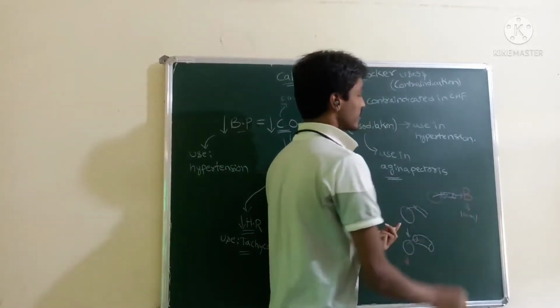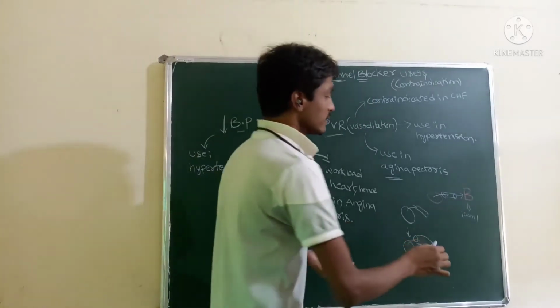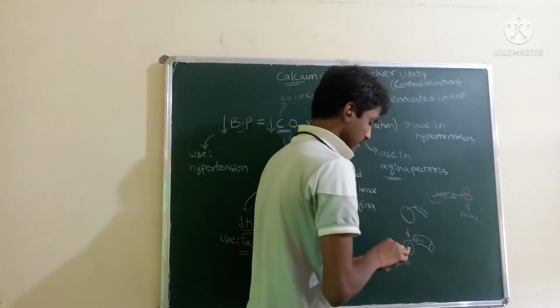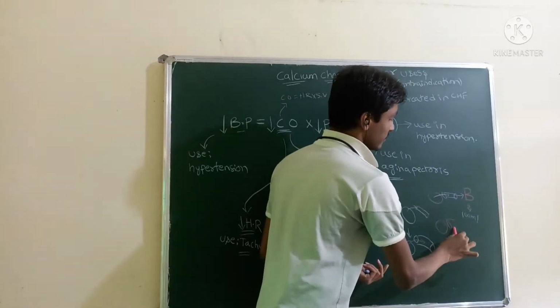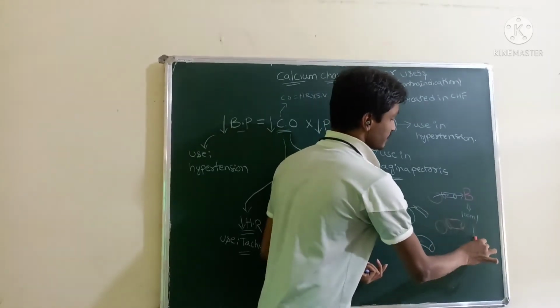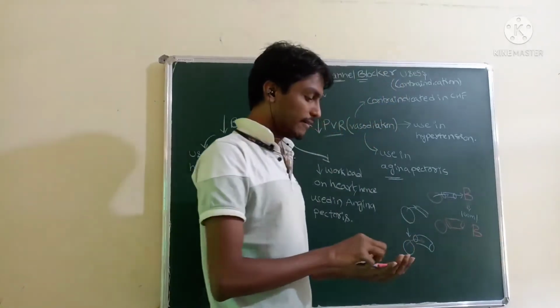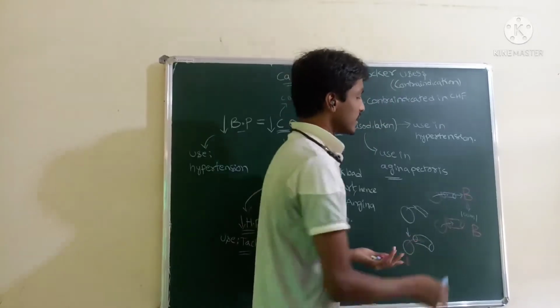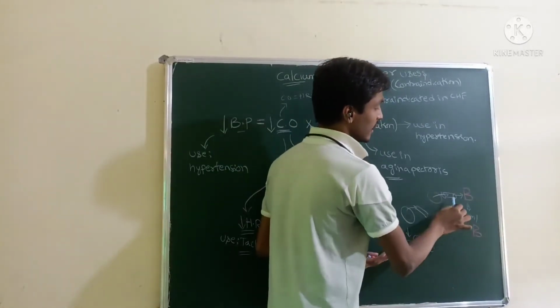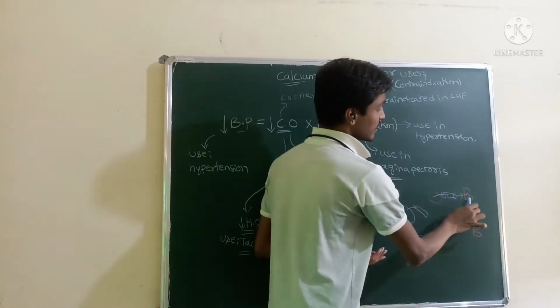See, this is the heart. When the blood vessel gets dilated, even though the heart pumps the blood, this blood cannot reach. For example, consider 75 ml pumped by the heart.